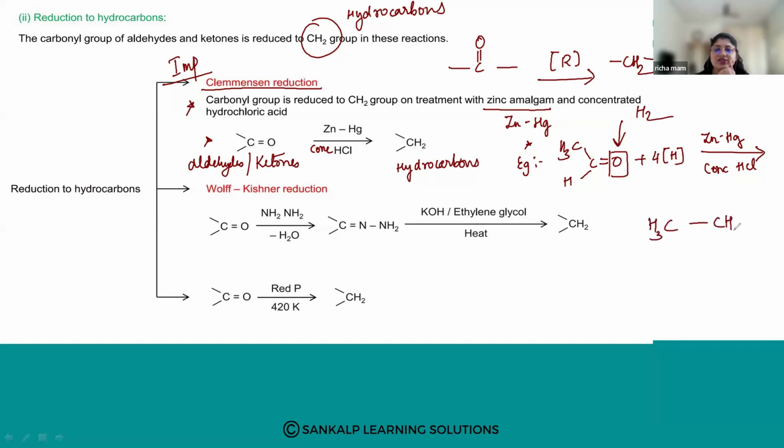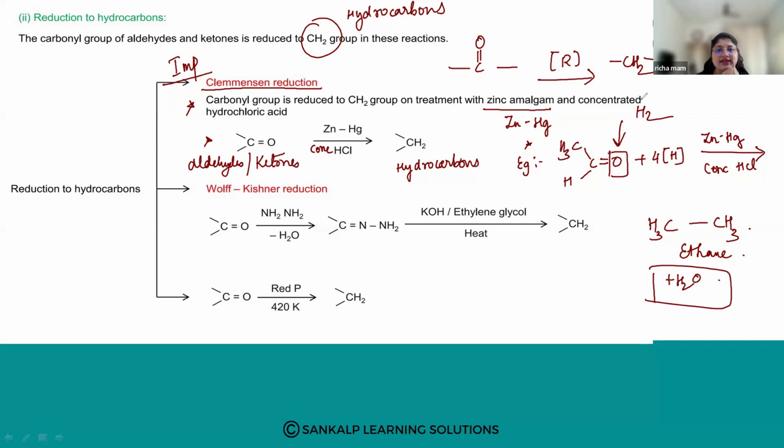CH3, CH3. So it is ethane. Ethane plus H2O is left. Two hydrogens will add up here, and the remaining two hydrogens will make up a water molecule.